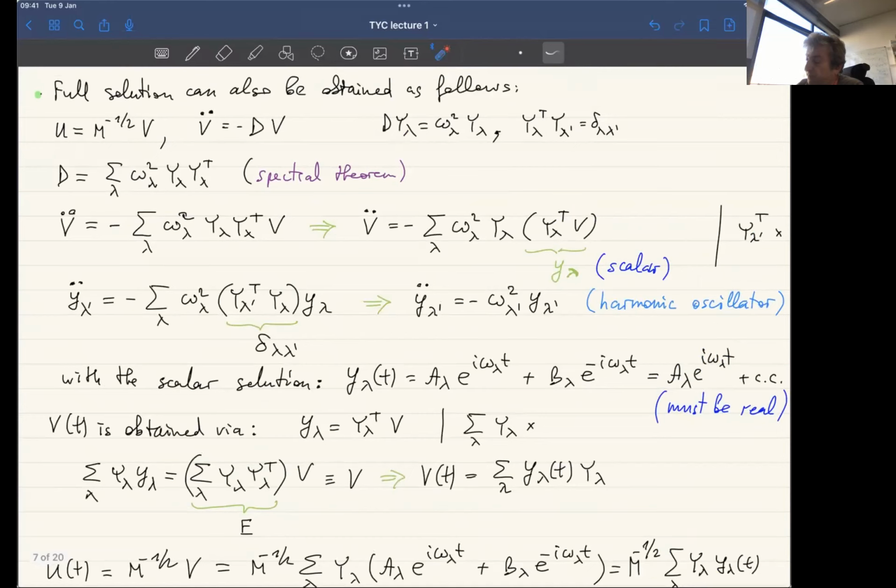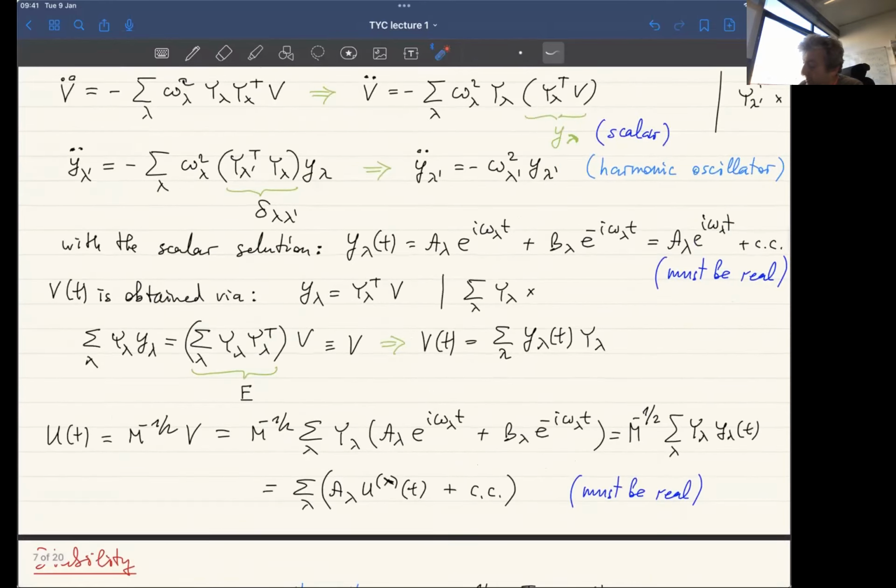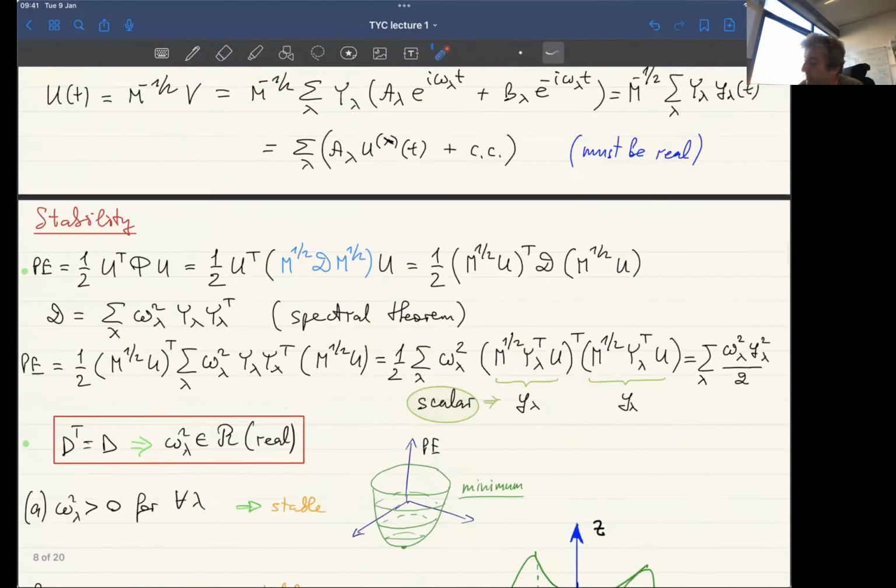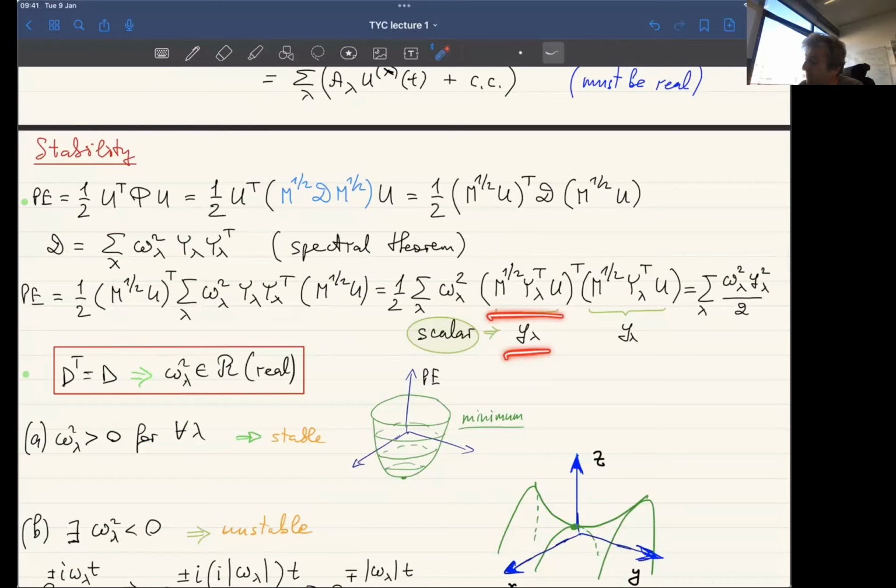It is shown that the full solution of these equations can be written like this, where these are eigenvectors and these y lambda are just solutions of a single harmonic oscillator equation. So these are little y lambdas which appear here.